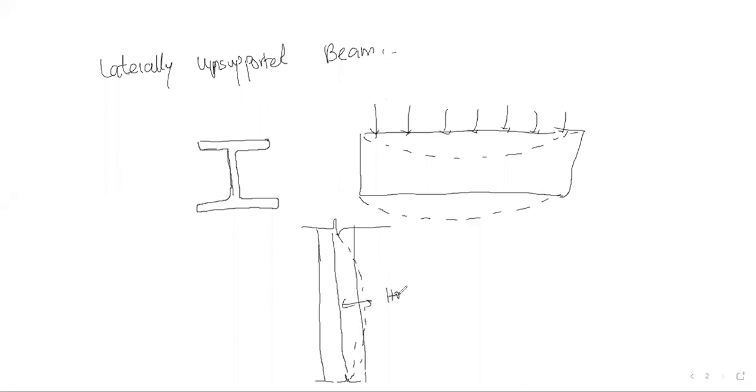This is called horizontal displacement. Because of this, along with the bending moment we can have torsional moment also, since it is going to deflect in this direction as well as in the perpendicular direction.